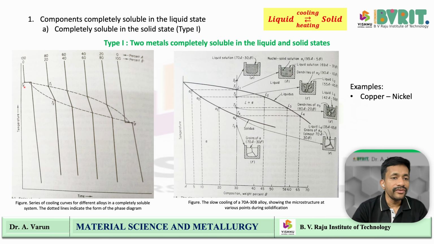Obviously, when it is a pure metal, like we discussed in the previous slide on cooling curves, it will have a horizontal line, so that's why it is shown as a horizontal line. All in between the pure A and B, you have alloys, which may be in steps of 1, 5, 10, and so on. If you keep the steps very close, you'll have a very good curvature.